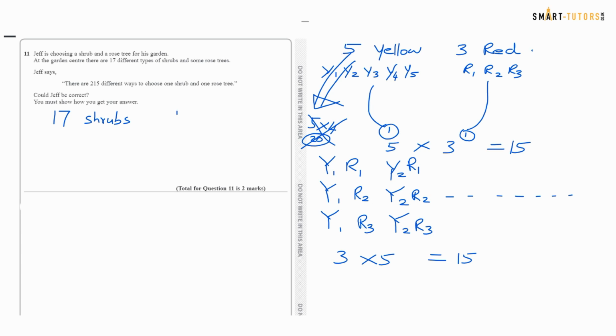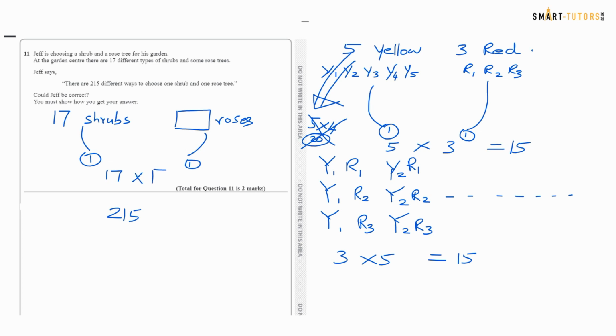There are 17 different types of shrubs, so 17 shrubs, and we have no idea how many roses. We are going to pick one of each, and that's how the multiplication comes.